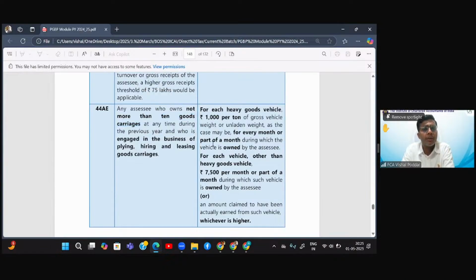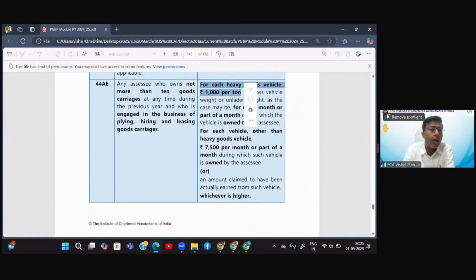Now, once they satisfy this condition, what is the criterion? They have classified them into two categories for the purpose of computing the estimated income. One, whether their trucks are heavy vehicles, or they are light vehicles, that is, other than heavy vehicles.